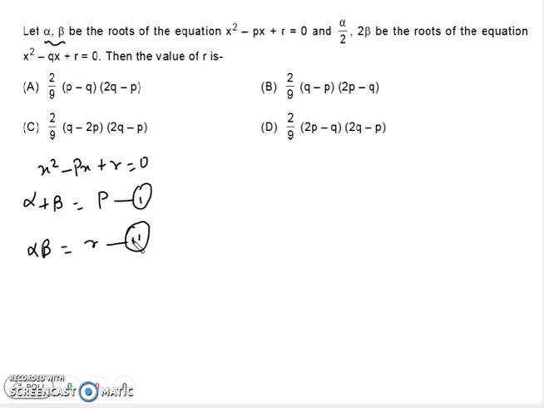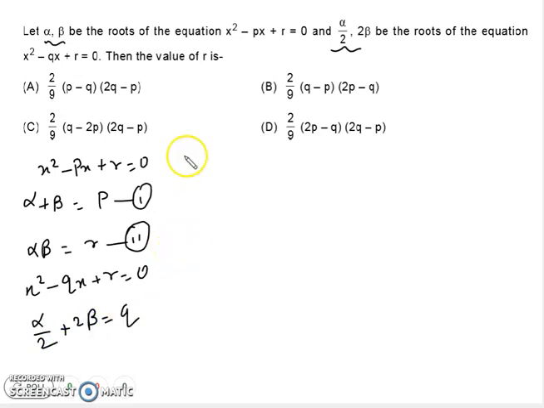Now you have another equation, x squared minus qx plus r equals 0, and the roots of this equation are alpha by 2 and 2 beta. So we can write alpha by 2 plus 2 beta is equal to q.